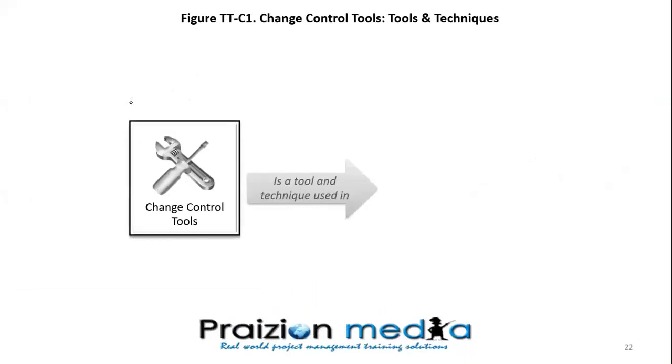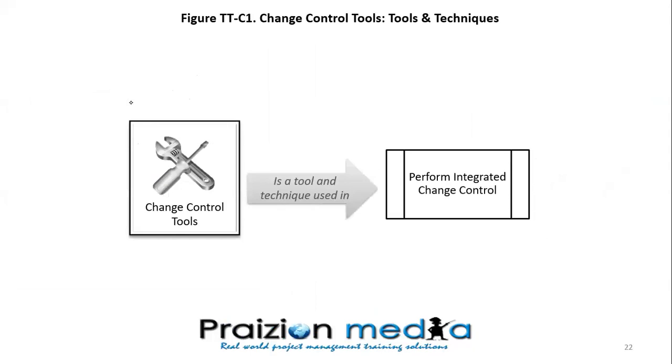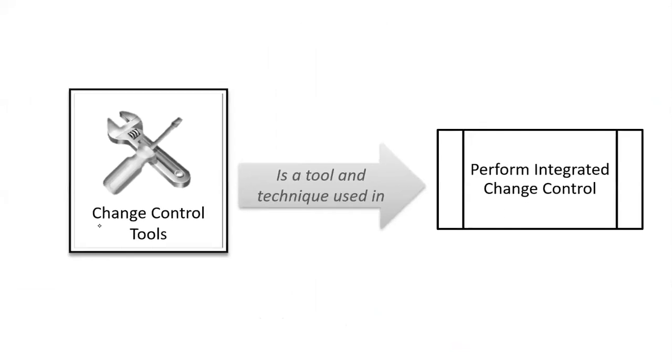The answer to this, my friends, is perform integrated change control. That is where change control tools are used as a tool and technique. Remember, these change control tools can be manual, they could be automated, but they're really meant to help the team, the change control board, to manage these change requests and their review.